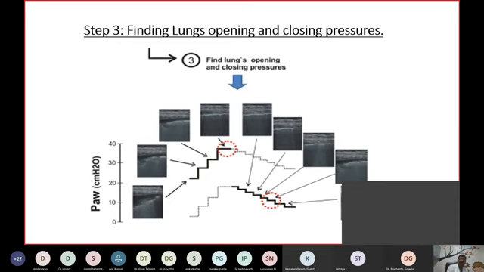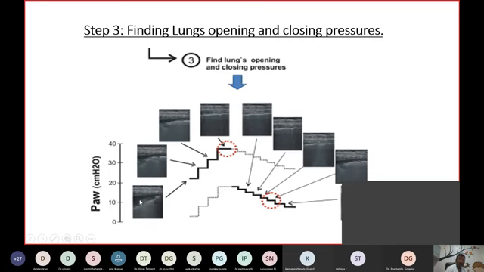The third and fourth steps I am describing together: finding the opening and closing pressure. Once you find that the patient requires a recruitment maneuver, you have identified the worst aerated part. You are going to do serial ultrasounds in that part and monitor.